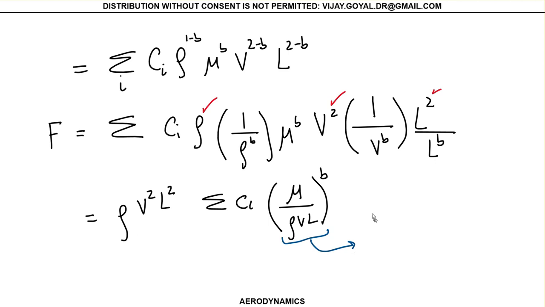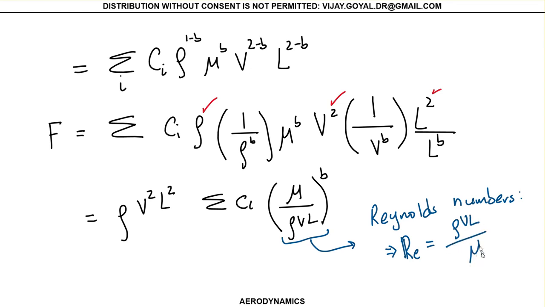The Reynolds number is very useful in fluid mechanics and aerodynamics because it helps us understand how my fluid flows. It is given by rho V L divided by the viscosity.